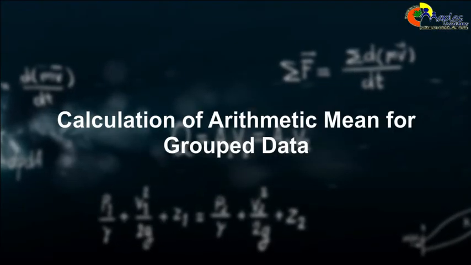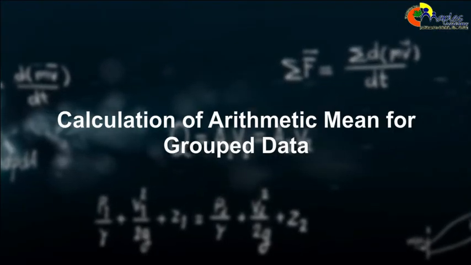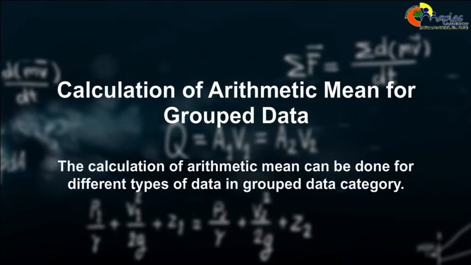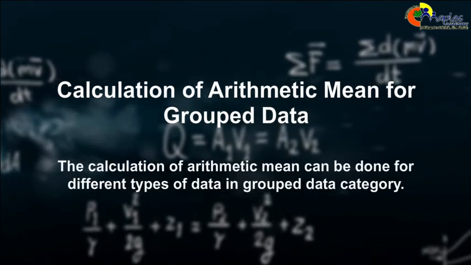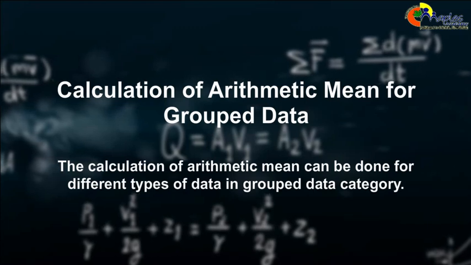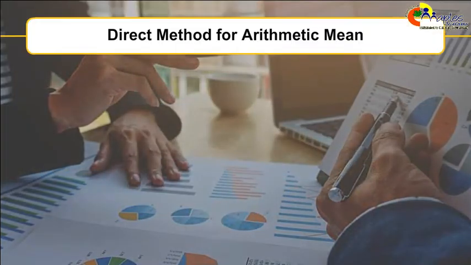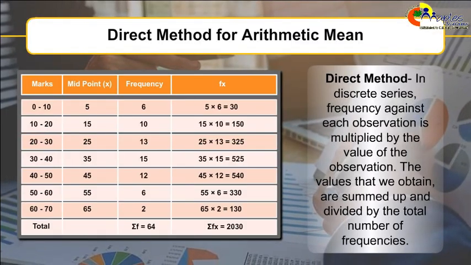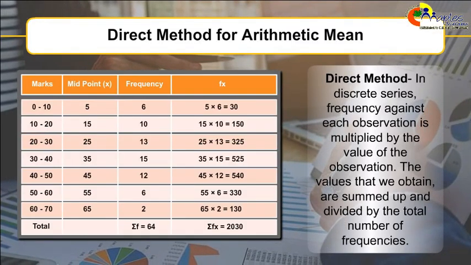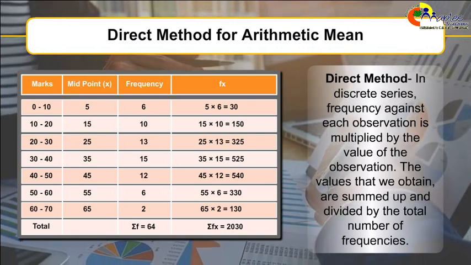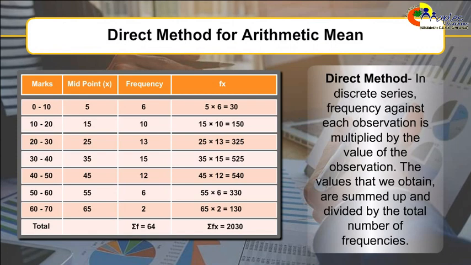Calculation of arithmetic mean for grouped data. The calculation of arithmetic mean can be done for different types of data in the grouped data category. Discrete series. Direct method. In a discrete series, the frequency against each observation is multiplied by the value of the observation.